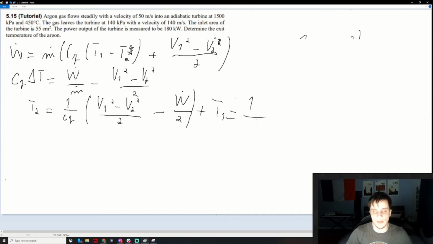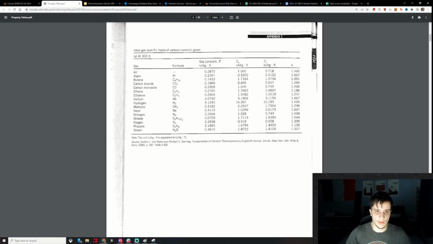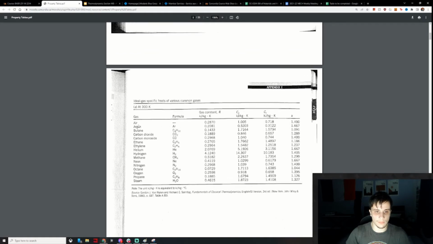All gas constants will be on the first page or just directly given to you. And then CP, if it's not given to you, which in this case, when we're trying to find the first law equation with respect to the final temperature, it is not given to us. So when you're solving these exercises and it's not given, and you don't want to go into the exercise correction because you want to do the exercise well on your own, just take the one at 300 Kelvin.